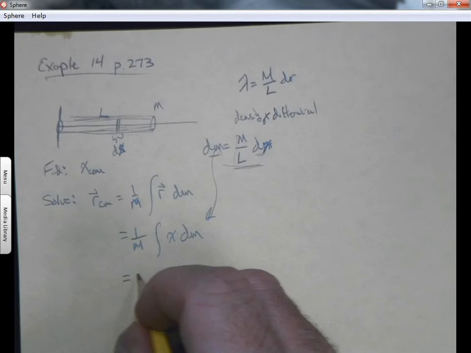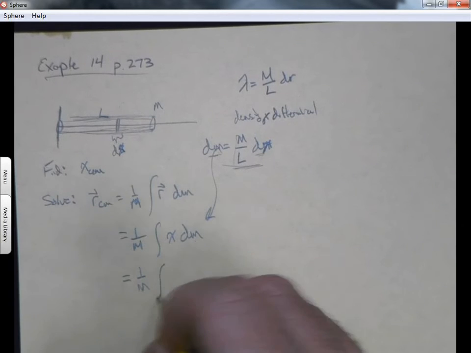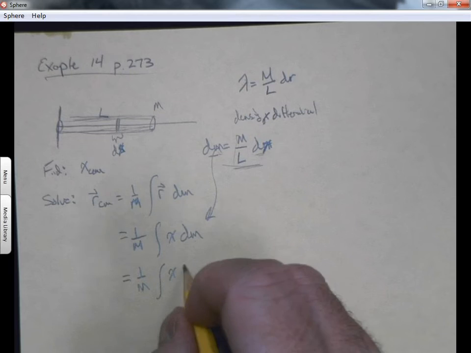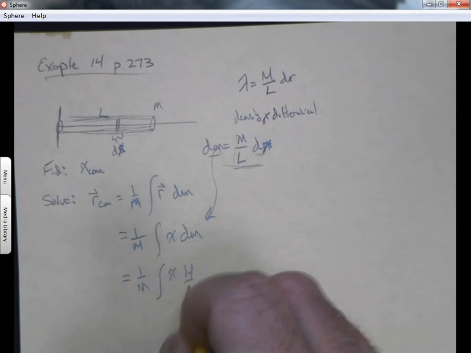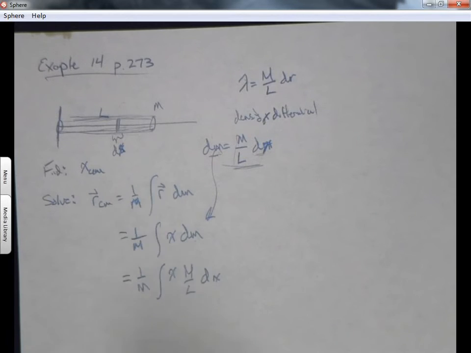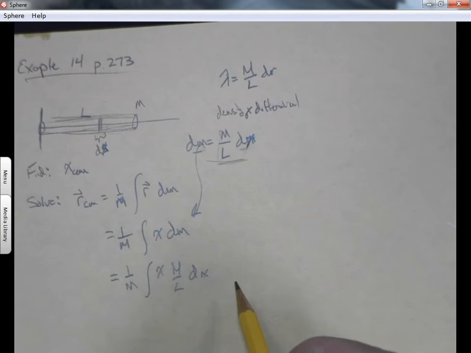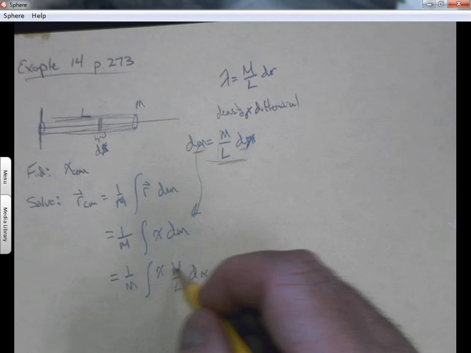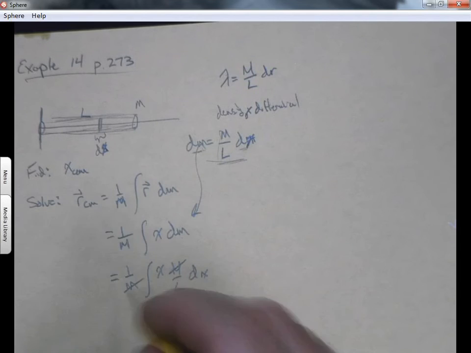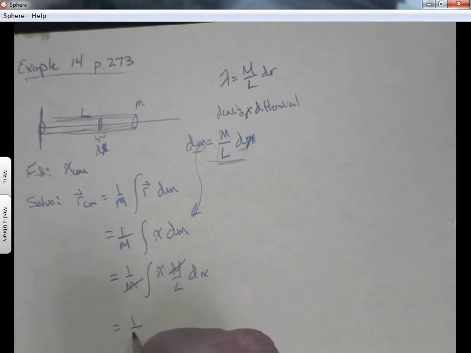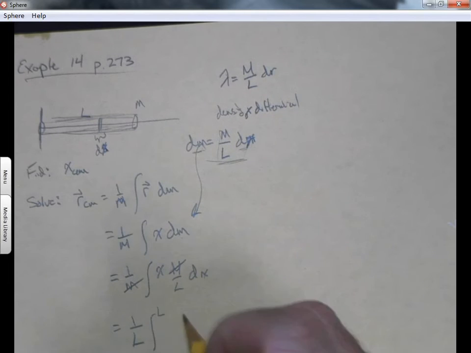So we get 1 over M, the integral of x times M over L dx. Well, now we can just start canceling things. So our M here is going to cancel with our M here, and we can move the L out front, so it's going to be 1 over our length times the integral from 0 to L, because that's how long the thing is, of x dx.